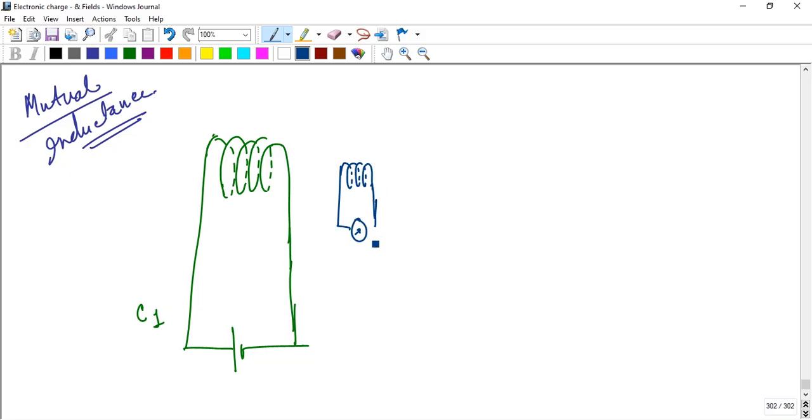There is a galvanometer, and this is coil number 2. You see the current I1 passing through coil 1, which has N1 turns, and it produces a magnetic field.